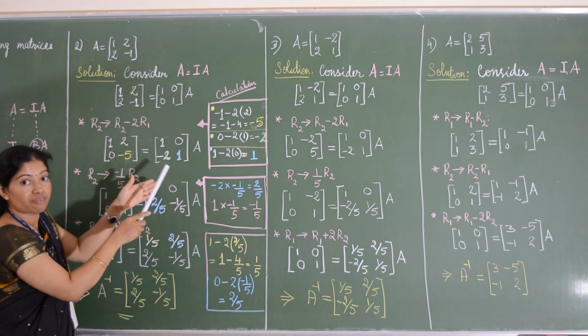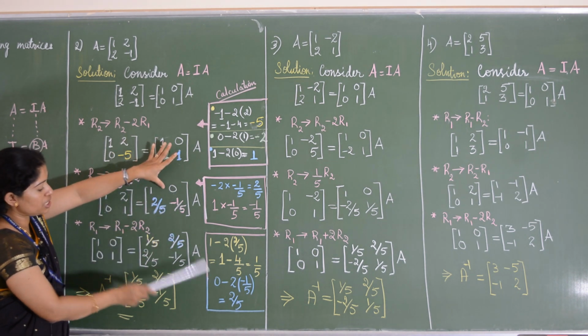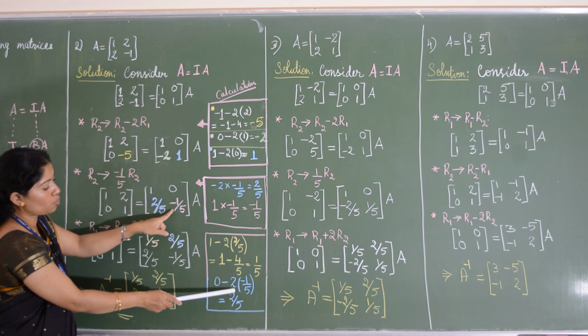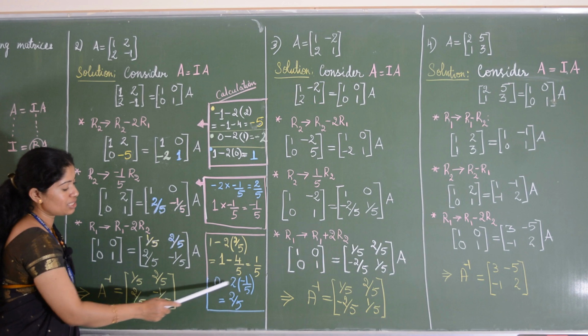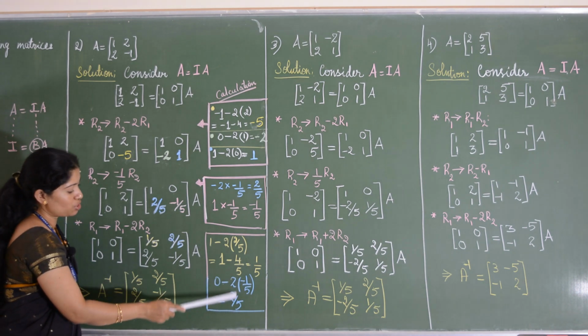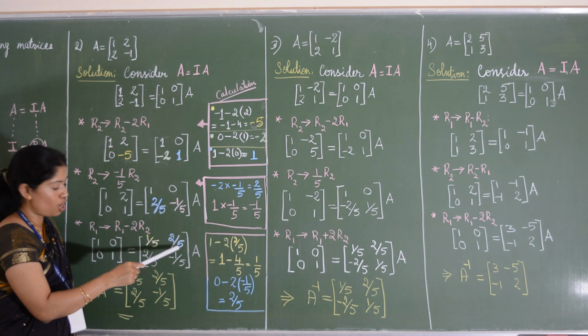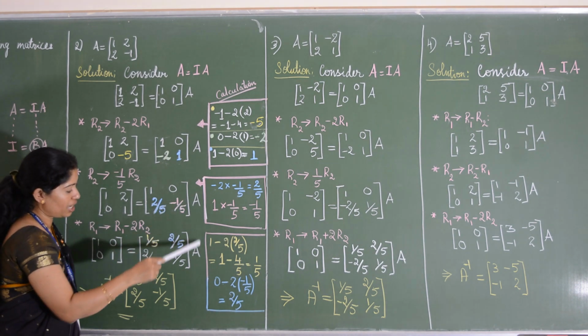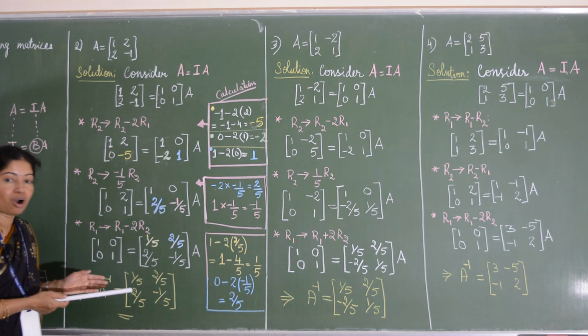Now coming to this, for this also you need to apply the same operation. So 0 minus 2 times minus 1 by 5. Minus into minus will become plus. So it is 2 by 5. So 0 has changed to 2 by 5. And this A you copy as it is. So here what we got now?